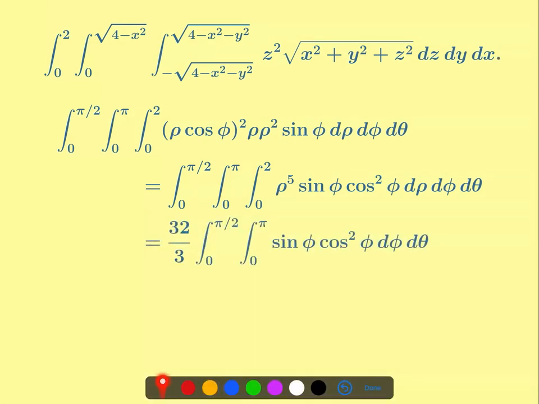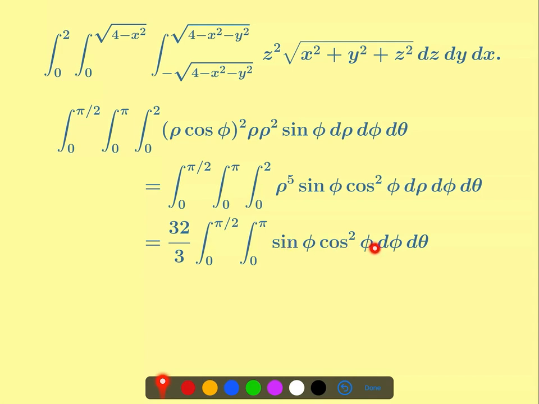And then I'm just left with the integral from 0 to pi halves and 0 to pi of sine phi cosine squared phi, because we already integrated rho, d phi d theta. Now for this integral with respect to phi, if you do a u substitution, u equal to cosine of phi, then du will be minus sine phi d phi.